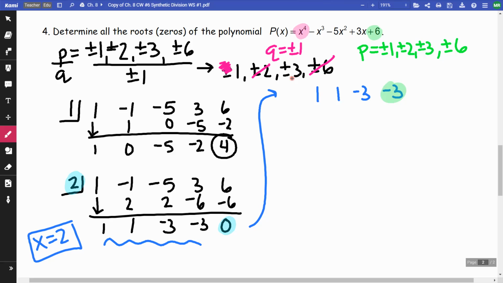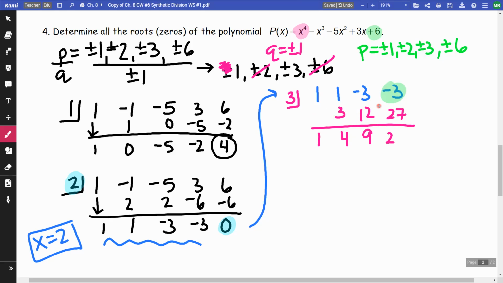So let's say I try the positive 3. Let's see what happens. I bring this down, I get a 1. 1 times 3 is 3. I add, I get a 4. This doesn't look like it's going to work. 4 times 3 is 12. I add, I get a 9. 9 times 3 is 27.